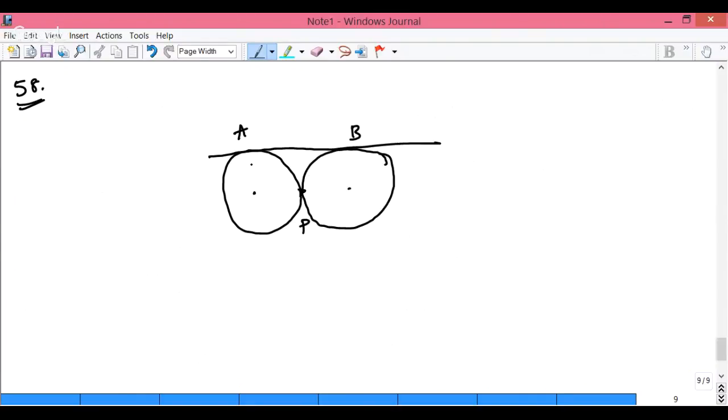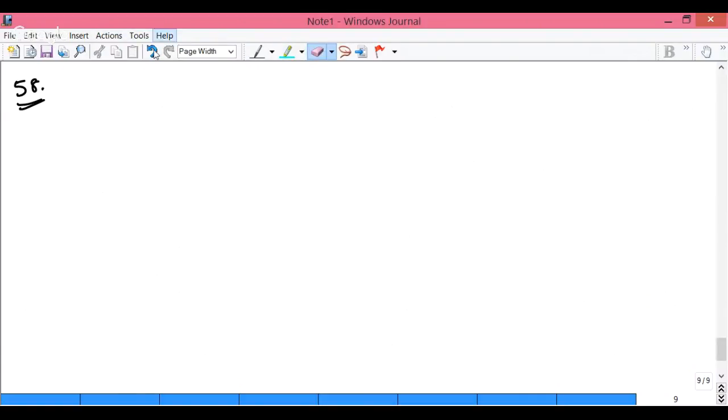Now, what is being asked? The diagram is so confusing. We'll draw it very neatly here.